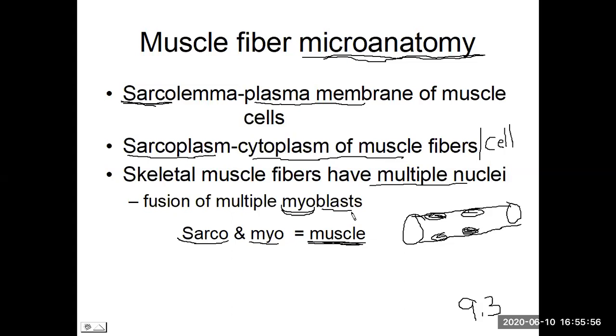These precursor myoblasts each contain a single nucleus. And as multiple myoblasts then bond together, they start to develop into a larger, now multinucleated cell. And this process continues several times over to make the mature, elongated, multinucleated skeletal muscle fiber.